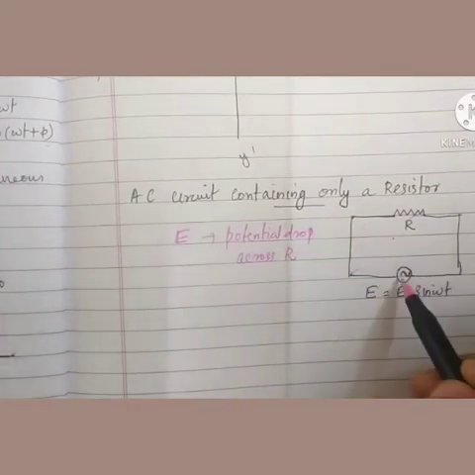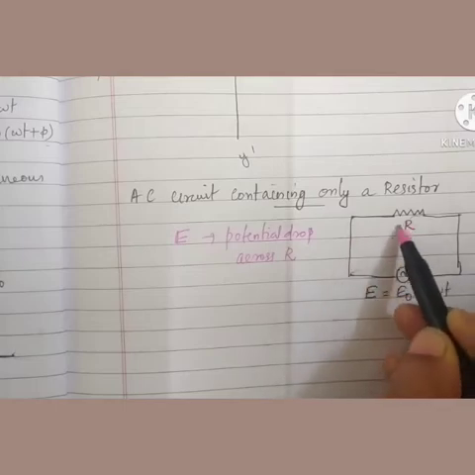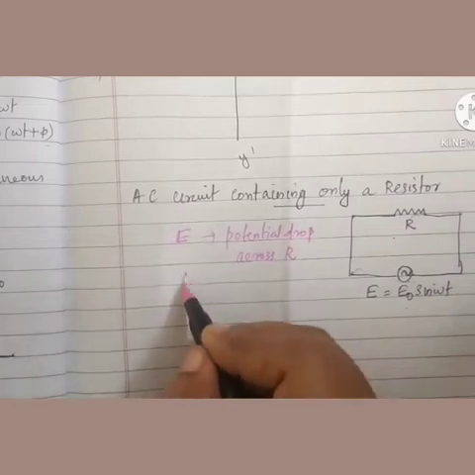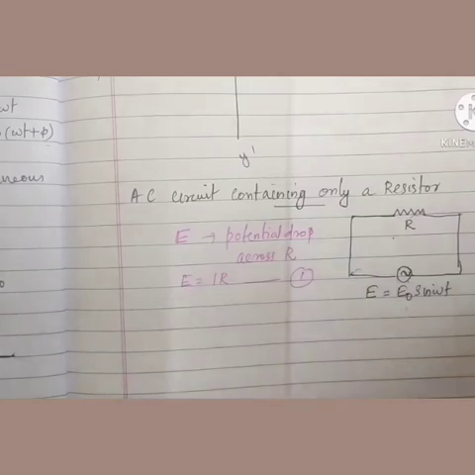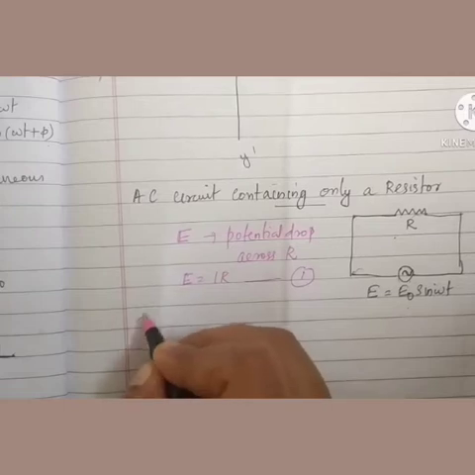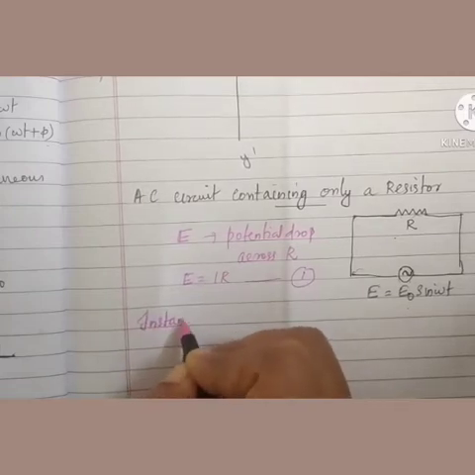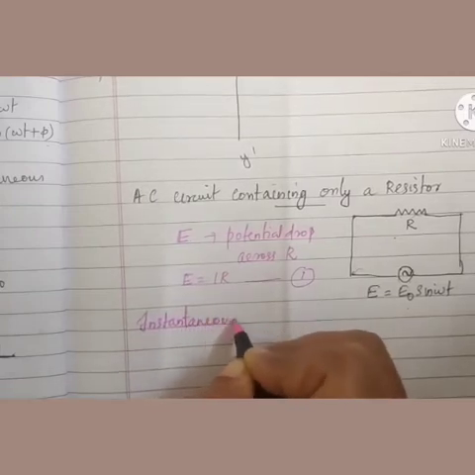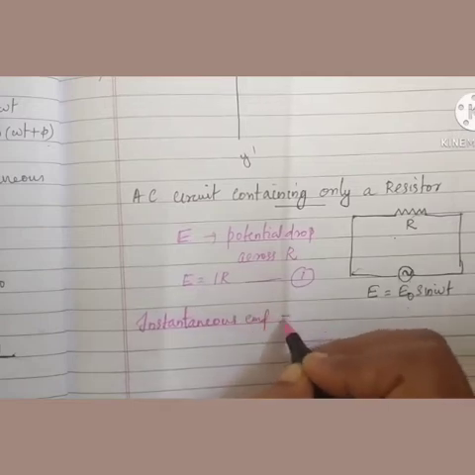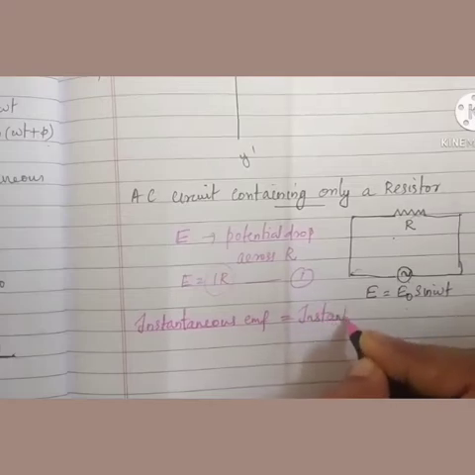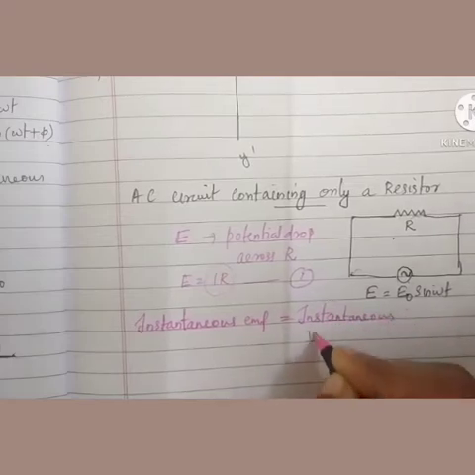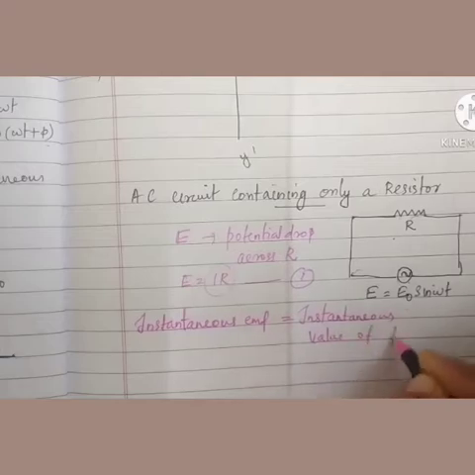Therefore you know, as there is a resistance R and if there is a potential drop, the value is E is equal to I into R, isn't it? E equal to I into R. Now the instantaneous EMF which is given by E is actually the instantaneous value of potential drop.